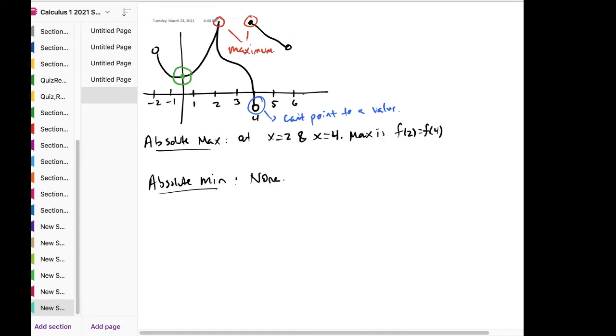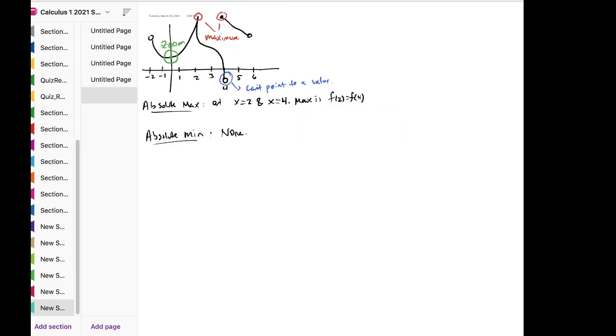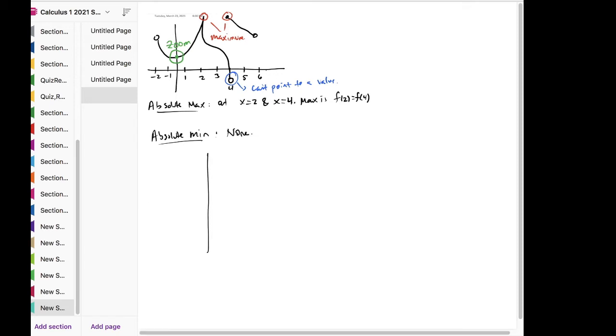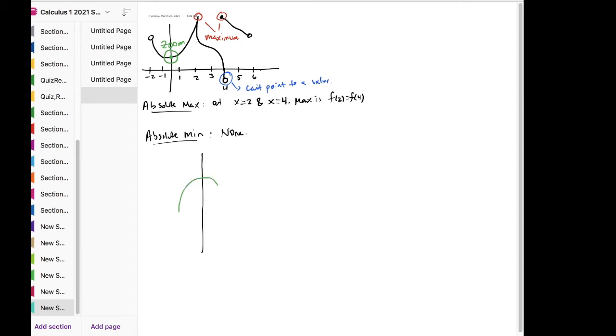Right, if I zoomed in, what happens if I zoom in at that point? So now we're zooming in. So zoomed in and ignoring the rest.